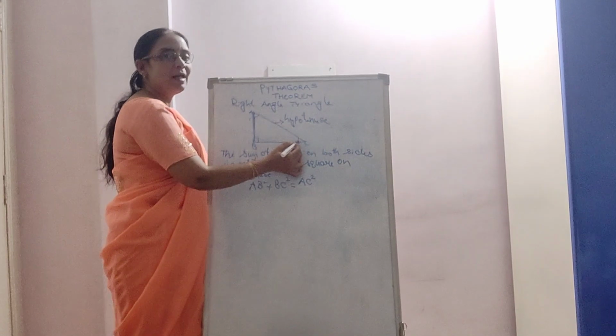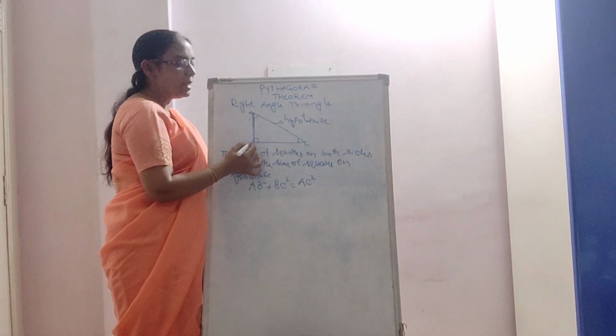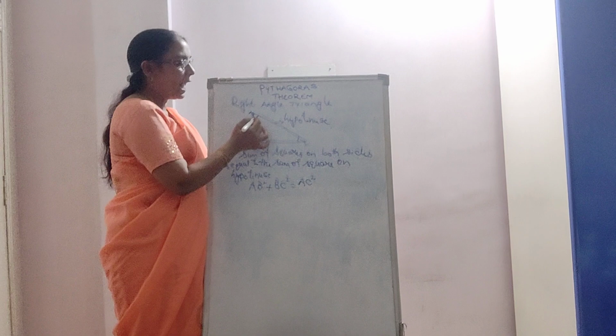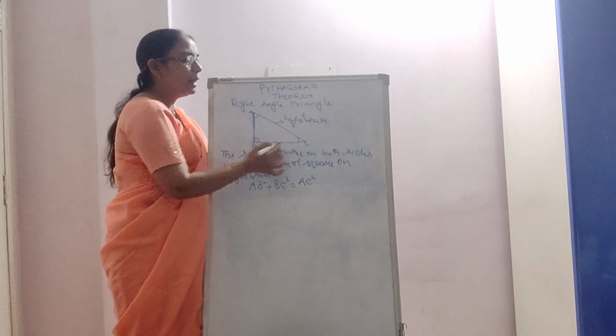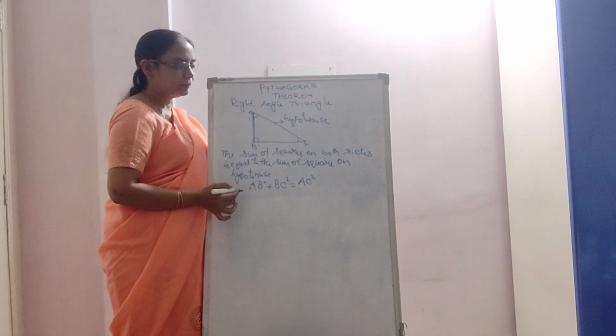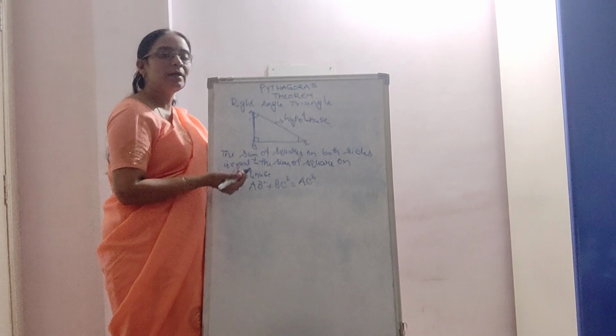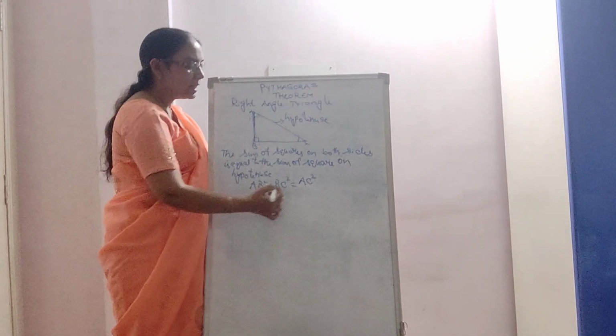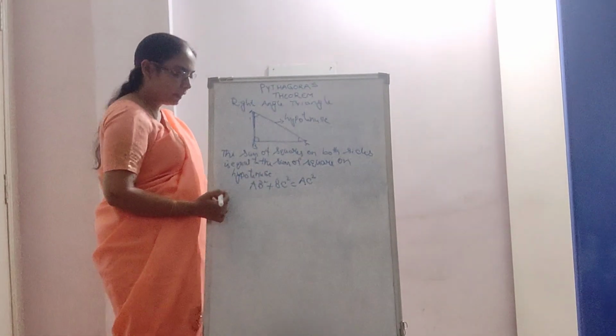Like if angle C is greater, then AB is perpendicular. If angle A is greater, then BC is perpendicular. The other side will be the base. So this is the Pythagoras theorem.